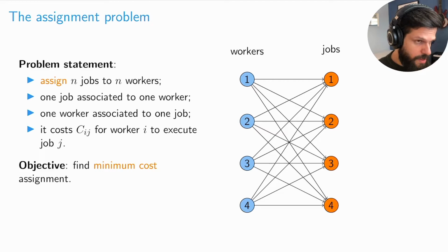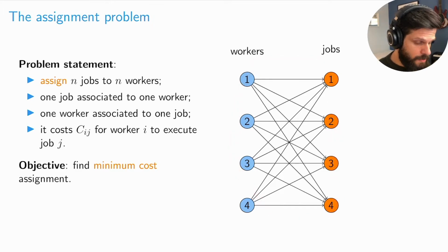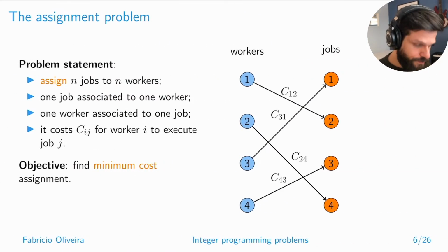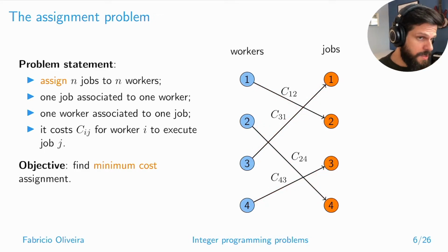What I'm trying to form is the set S, which is a subset of these arcs, such that the condition of one worker, one job, and one job, one worker, this one-to-one association, is satisfied. So one possible solution would look like this, and these are the arcs I decided to belong to that subset S. You can see it is feasible because indeed one worker is connected to only one job and vice versa.